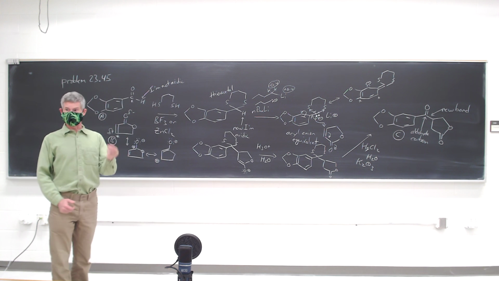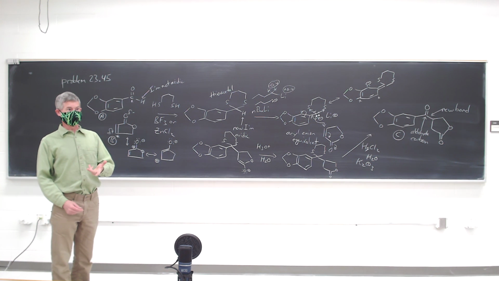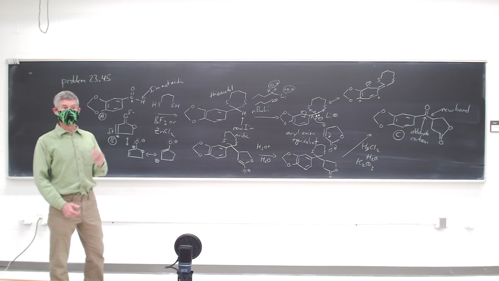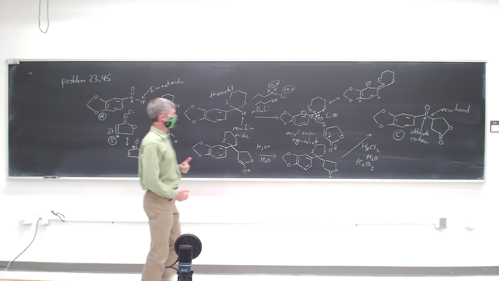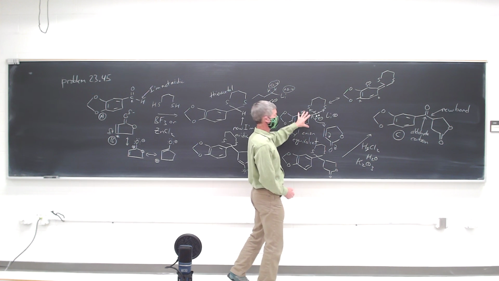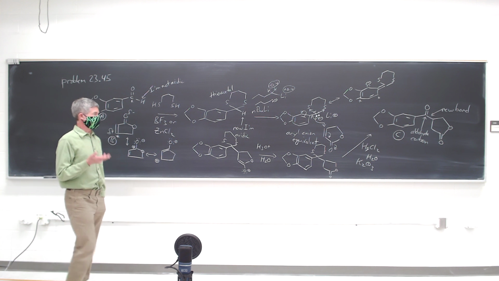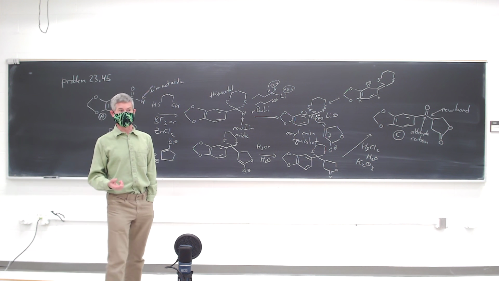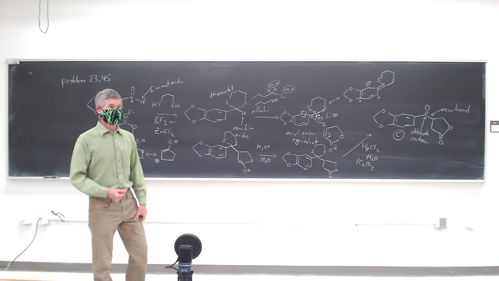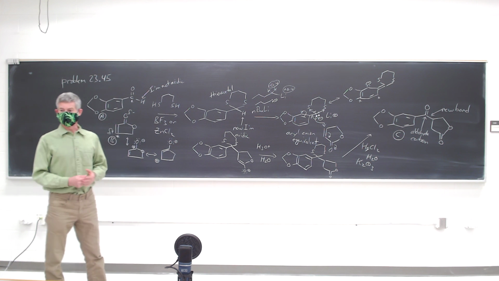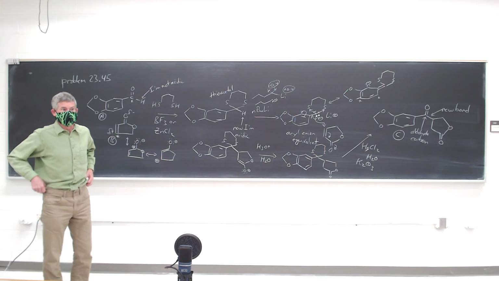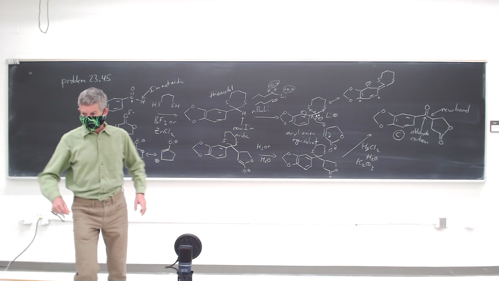And resonance stabilization is the best. If you can get resonance stabilization, that stabilizes things more than an inductive effect, because that actually allows the negative charge to spread out over a larger portion. And remember that every electron's secret goal in life is to occupy all space simultaneously. So the more the electron can spread out in space, the happier it will be. So that's the quiz.